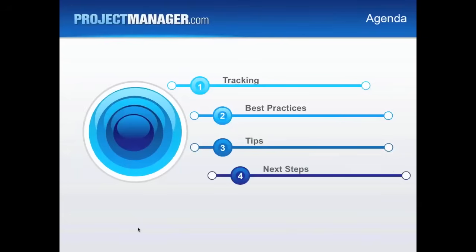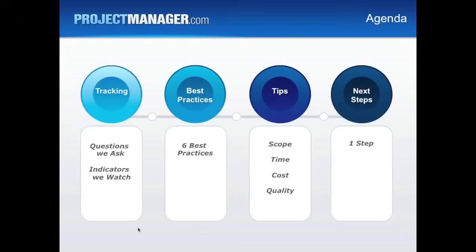So if you look here, this is a little bit about our agenda. First of all, I want to talk about tracking, and again, best practices. I'll give you some tips in 4 specific areas, and then talk about next steps, some things that you can carry back and start immediately on your projects. Under tracking, I want to look at some of the questions that we ask and some of the indicators that we watch.